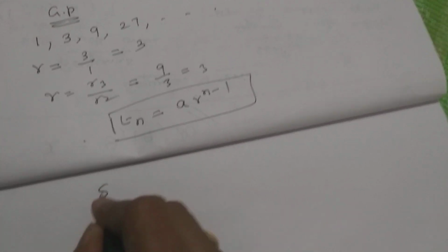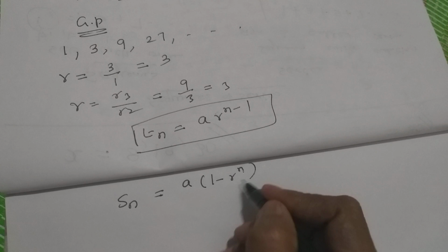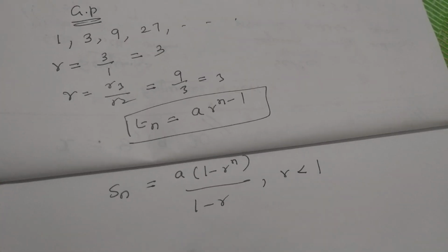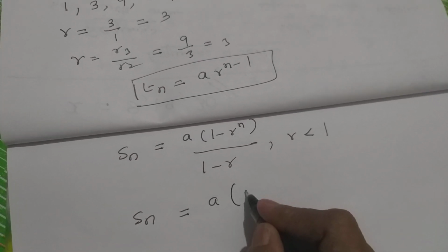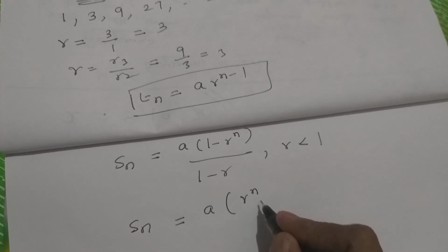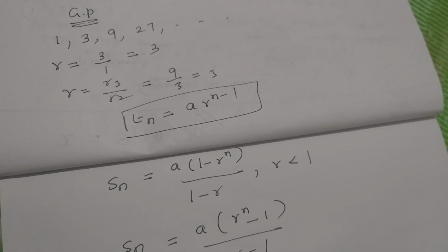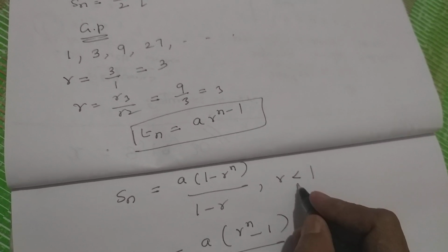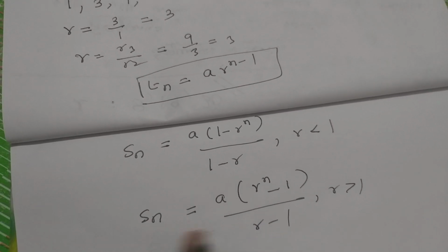And your Sn, the sum of the terms in GP, is A into 1 minus r power n by 1 minus r when r is less than 1. When r is greater than 1, it is A into r power n minus 1 by r minus 1.